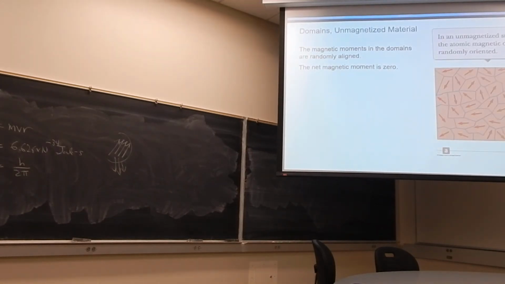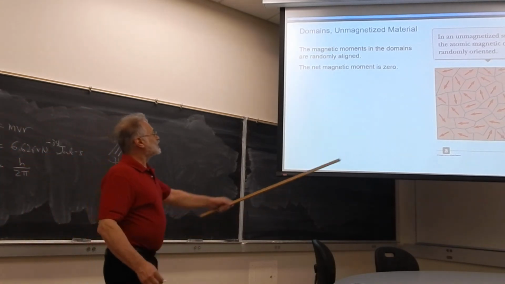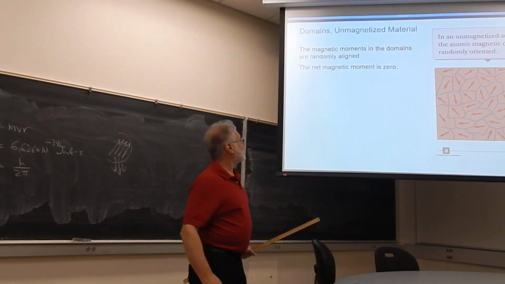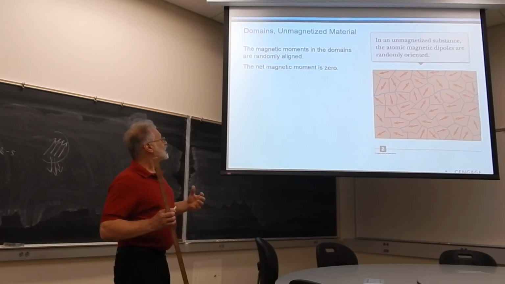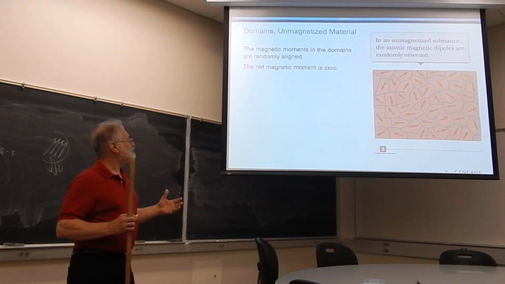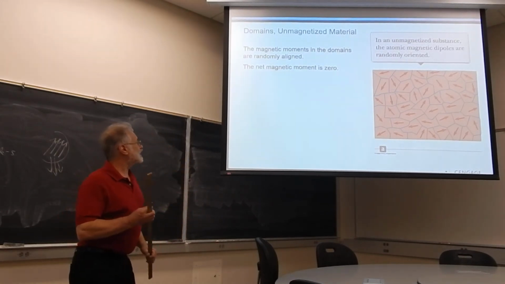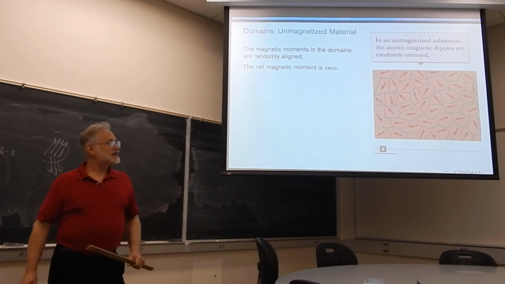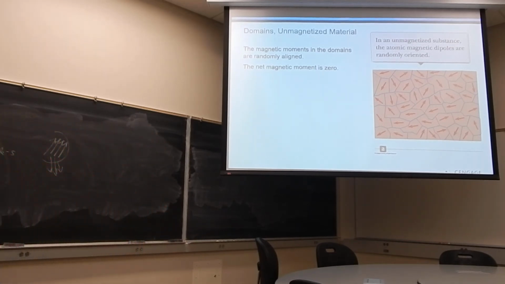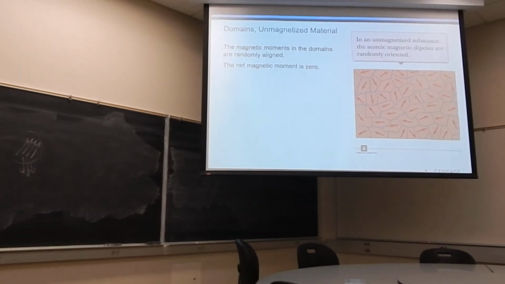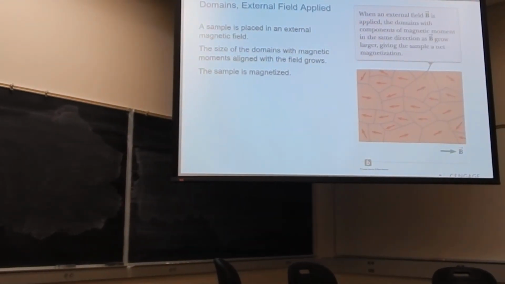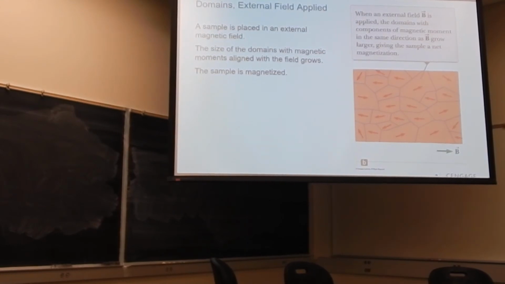If the material is originally unmagnetized, we see that the dipole moments are completely randomly oriented. And so if you were to calculate the net magnetic moment, because you have so much randomization, the net magnetic moment would be 0. However, if you place this material in a magnetic field, you're going to find that the domains start to align themselves.